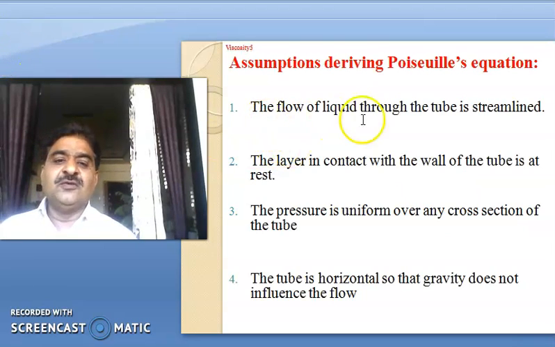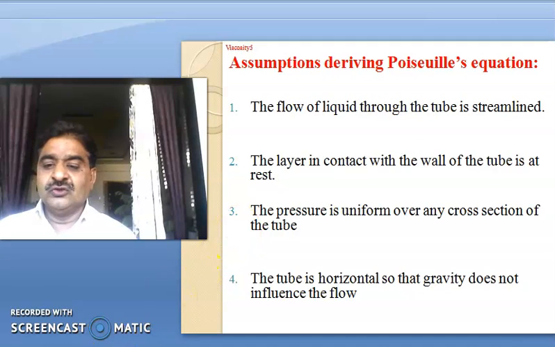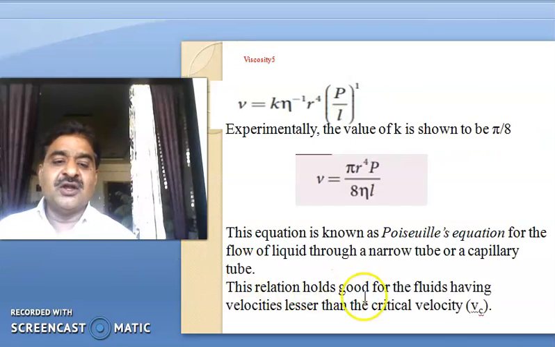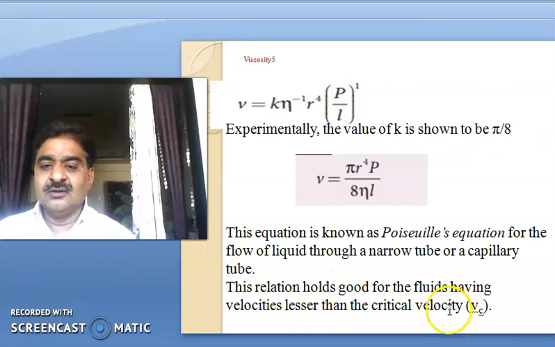But in our assumption, we have considered that the flow of liquid through the tube or pipe is streamline. So if the velocity of the fluid is more than the critical velocity, then it is a contradiction to our assumption that the flow of fluid must be streamlined.